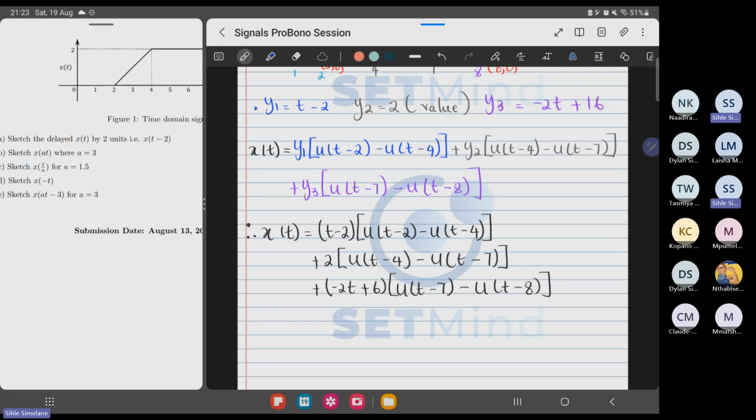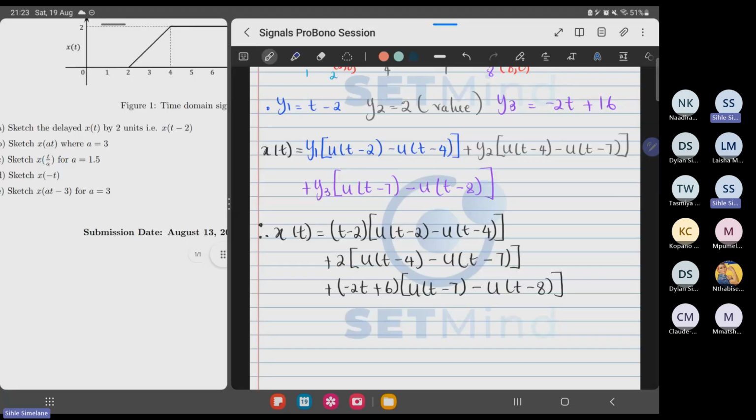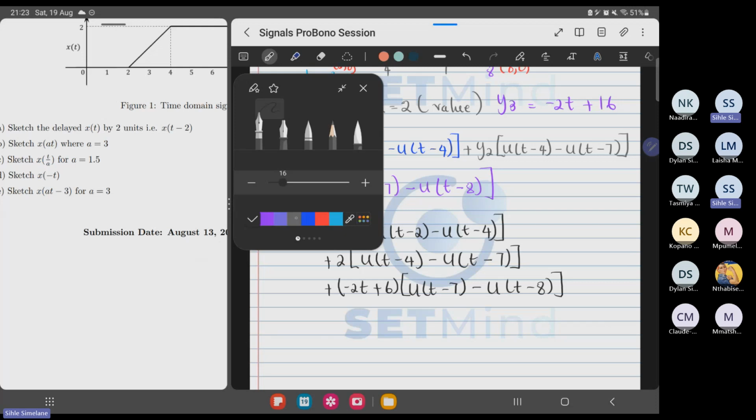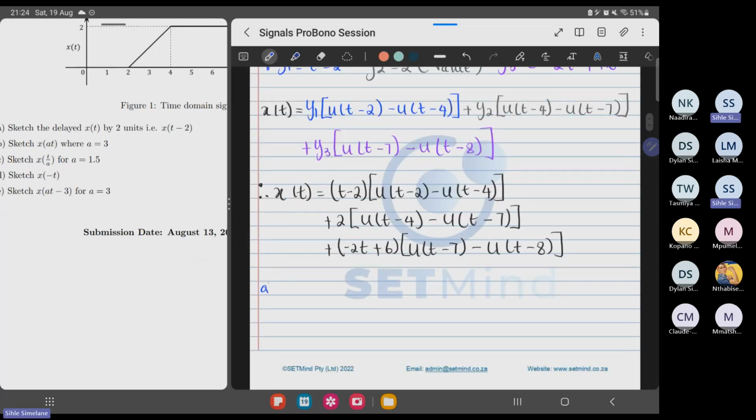So this is our x of t. So for A, they are saying we should sketch the delayed x of t by 2. So all that means is we have x of t minus 2. So they're saying we should sketch this function.